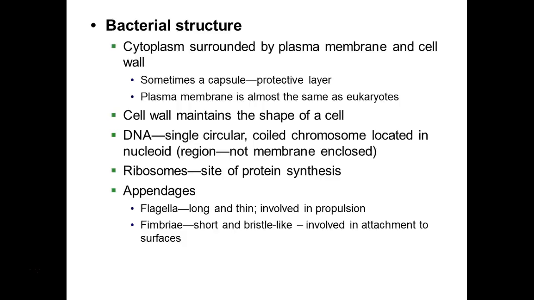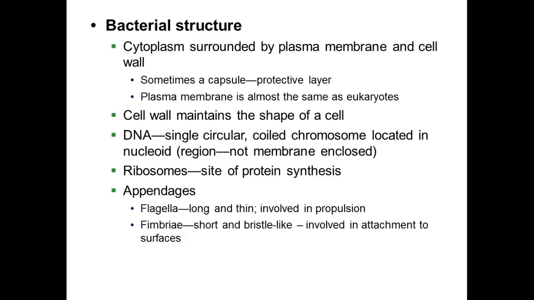Bacterial structure involves a cytoplasm. The cytoplasm is primarily water surrounded by a plasma membrane and a cell wall. Now, this is one thing that's unique about bacteria. They have a cell wall that contains something called peptidoglycan. Peptidoglycan is a molecule that contains a carbohydrate as well as a protein.